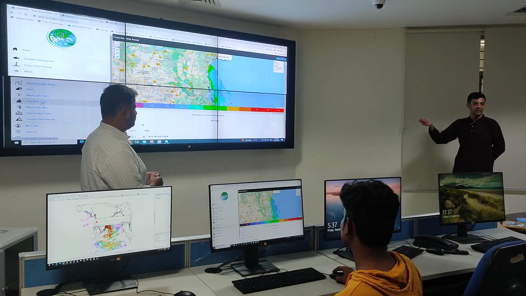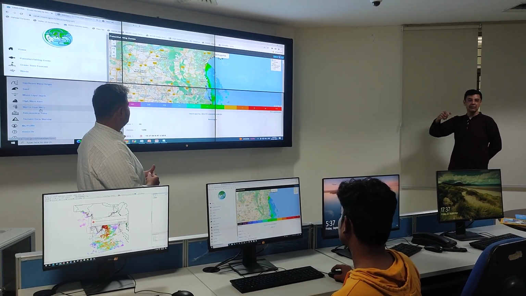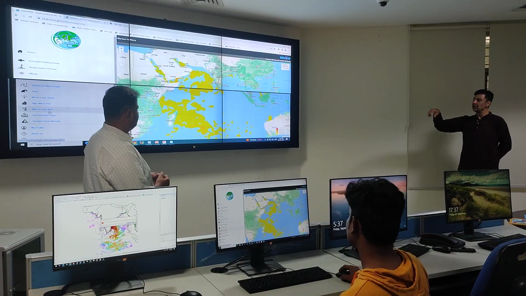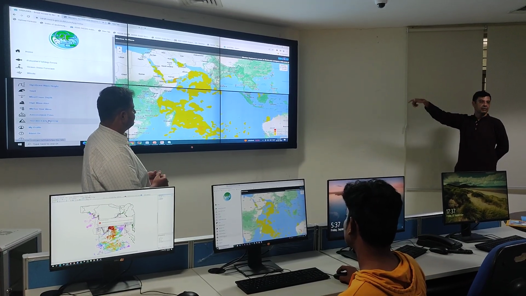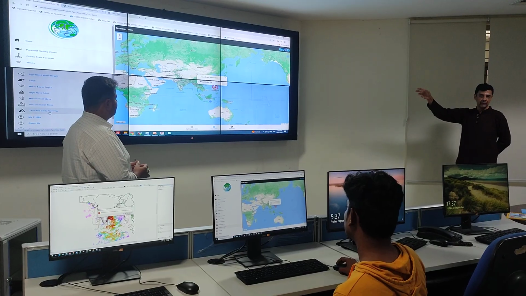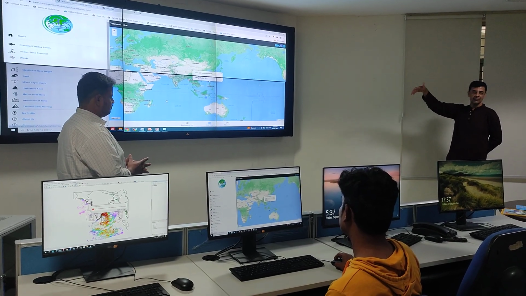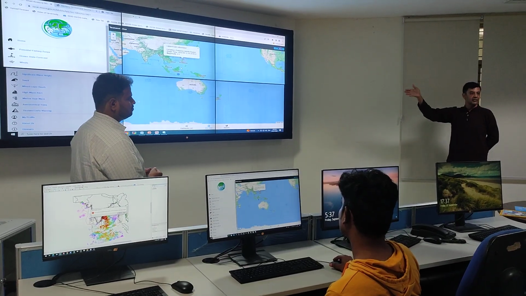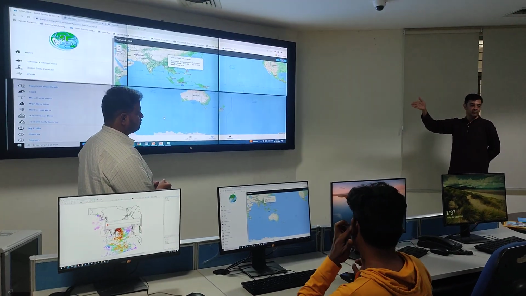There is no charge for that, and especially for the neighboring countries like Bangladesh, Sri Lanka, Maldives. Even though we may not have observations within your EEZ, because of the vicinity of the observation systems that we maintain in our waters, the forecast for your EEZ is also going to be as accurate.